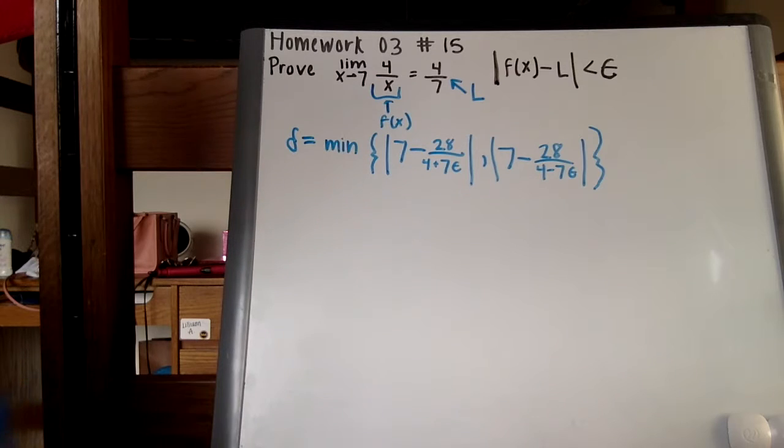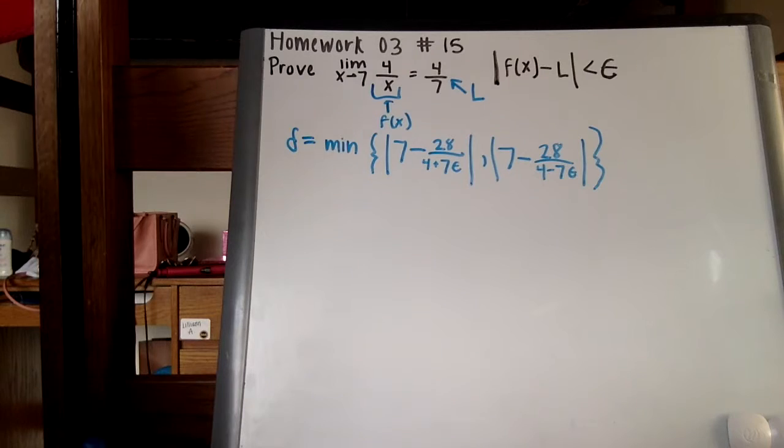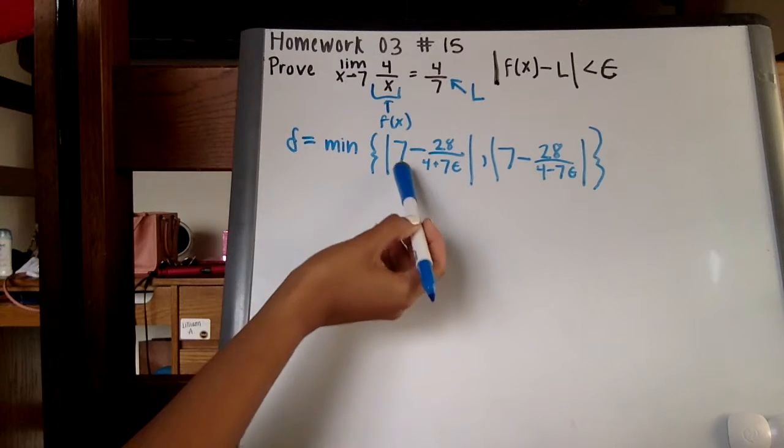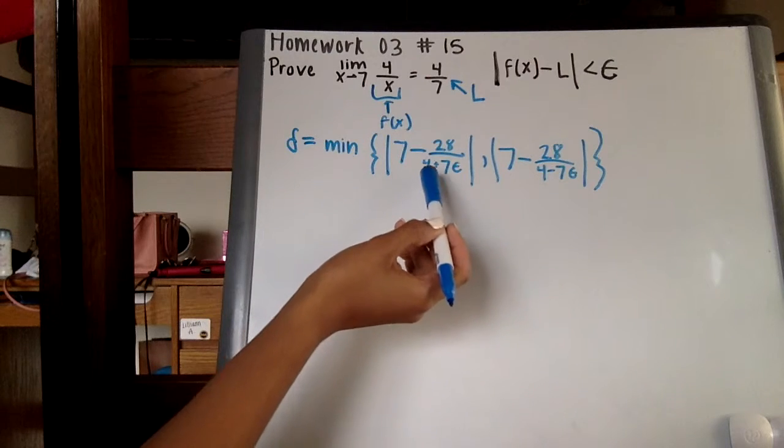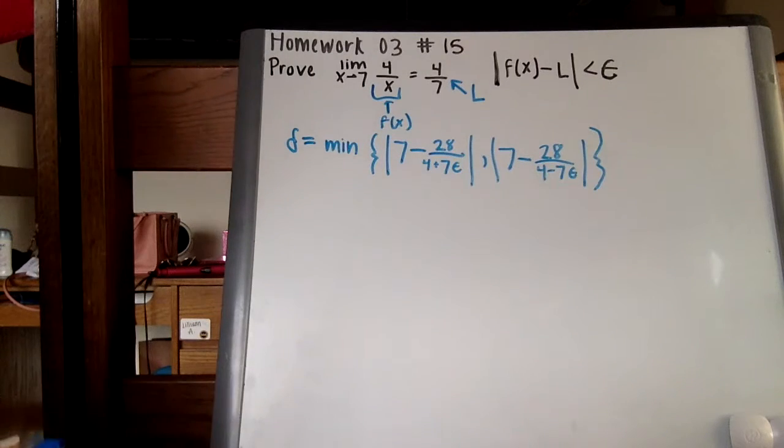For the latter part of question number 15, we are asked to find delta, and delta is the distance from c equals 7 to the nearer endpoint of our bounds, which is 28 over 4 plus 7 epsilon and 28 over 4 minus 7 epsilon. Because it's the distance, we're subtracting, and 7 is our c, so 7 minus each of our bounds.